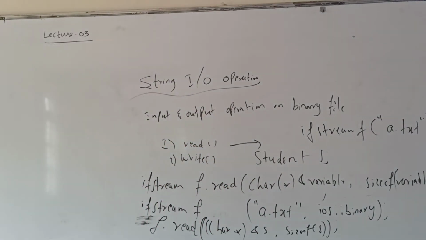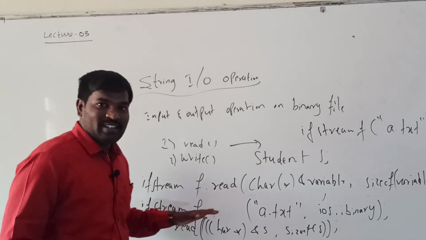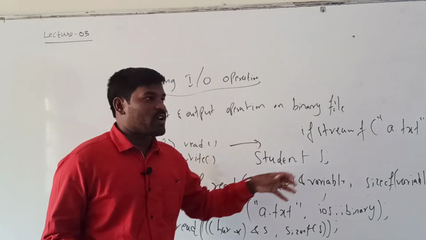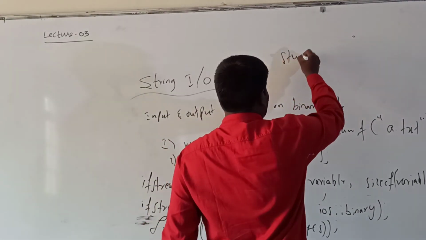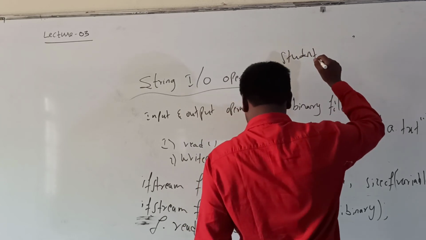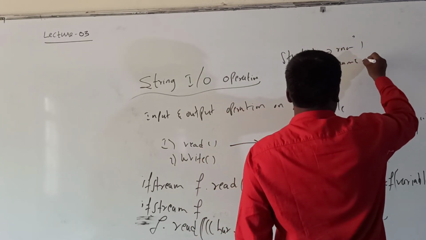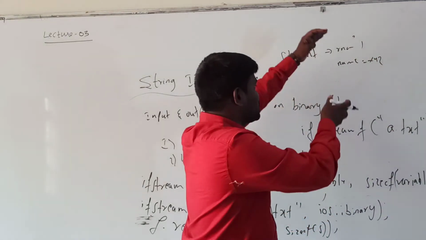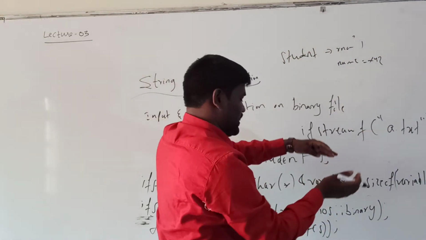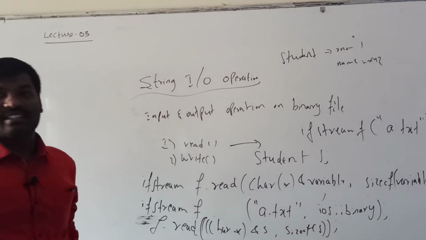Okay, so this is the read. And whatever the student records, for example, a student consists of roll number 1, name xyz, this complete record will be read with the help of this read.